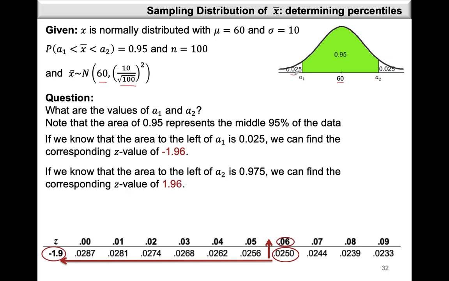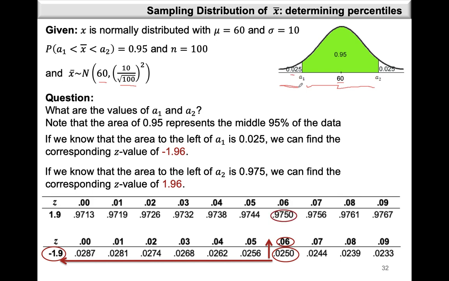And in the same way, we look for the area to the left of A2 and that is going to be 0.95 plus 0.025 and that gives us 0.975. So from the Z table, we look for the probability 0.975 and we find that the corresponding Z value is 1.96. So now that we have the two Z values, we can work our way backwards and find the values of A1 and A2.